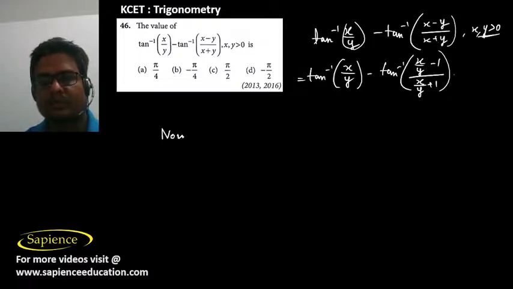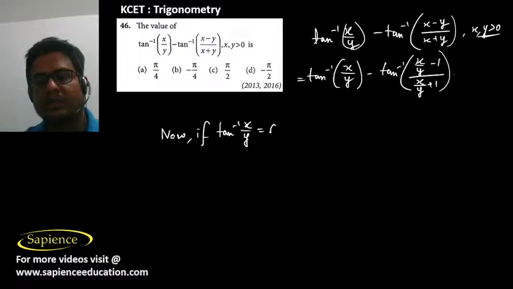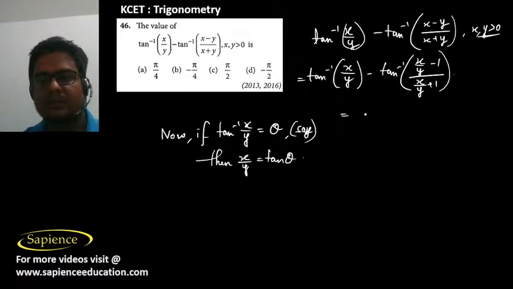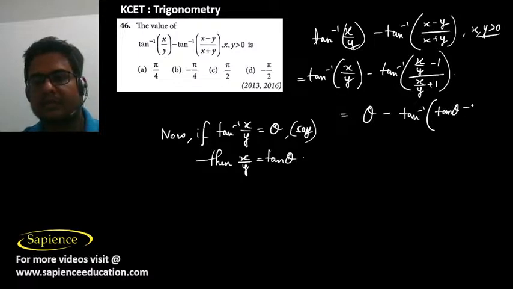So now if we take tan inverse x by y equal to theta, suppose, then x by y will be equal to tan theta. So now this can be written as theta minus tan inverse of tan theta minus, I can write tan pi by 4, by 1 plus tan theta into tan pi by 4.